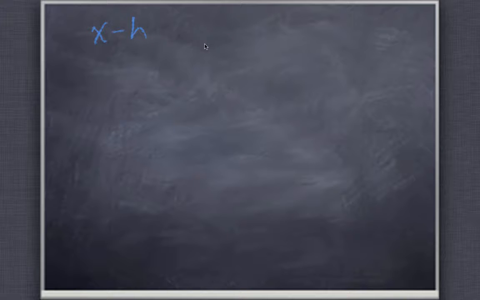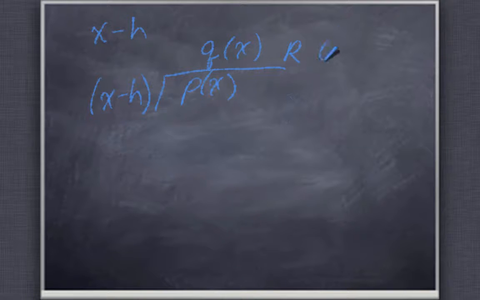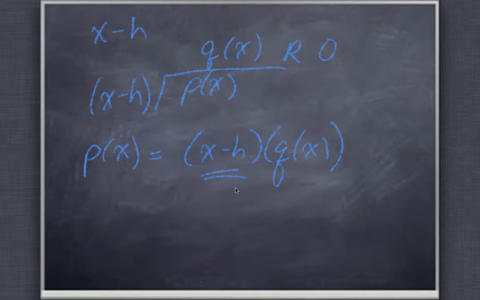If the remainder is 0, so remember that if I have the polynomial and I factor out x minus whatever, and I get some polynomial, and then remainder 0, that means that p of x equals x minus h times some other polynomial plus 0. So that means this is a factor and h is a 0. So that's what we're really looking for, is to see if the remainder is 0. But then there's a remainder theorem that I'll address in a second.